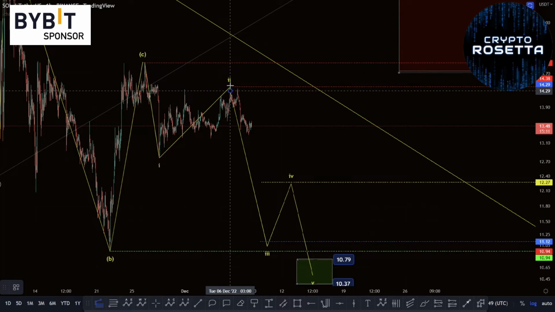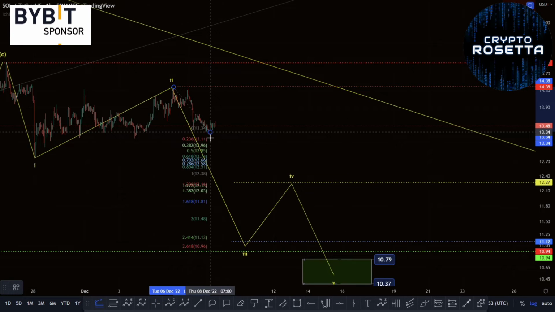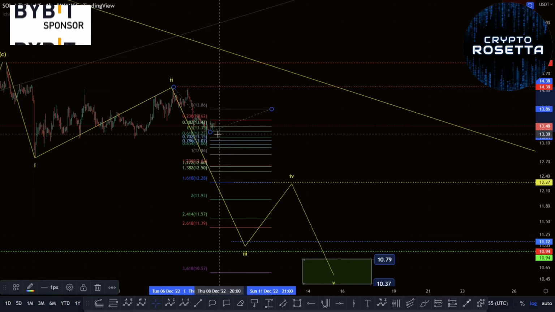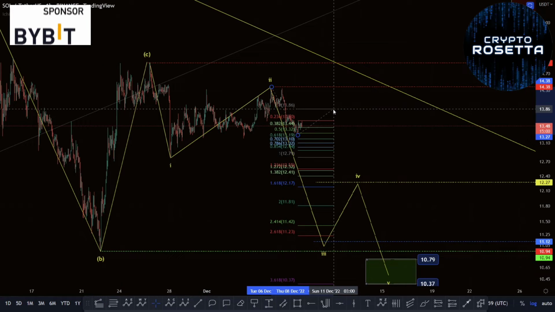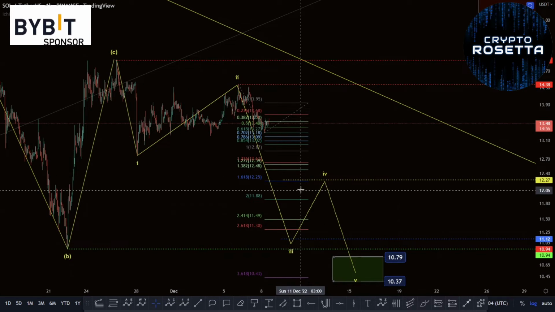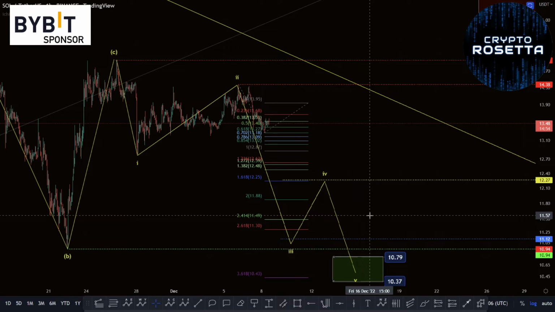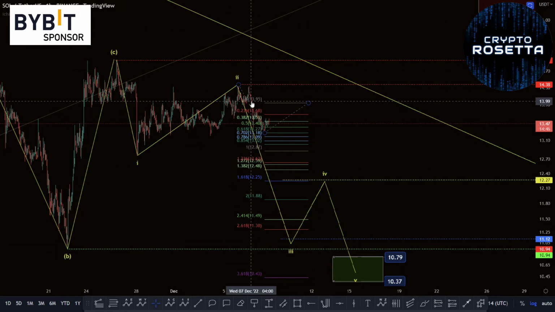I don't have it marked on here. Should have actually kept it on this one as well, but we will just mark it up quickly here. Let's drag this down to there, and we lined it up with this previous support zone here. So basically, a move past this 1227 area, so it's 1225 off of these lows.